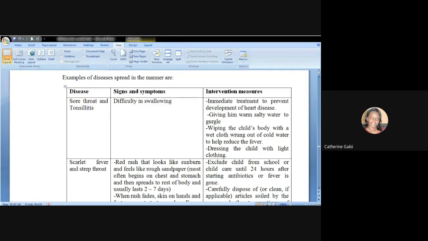Then wipe the child's body with a wet cloth. You wipe the child with this wet cloth, not cold as in freezing water.